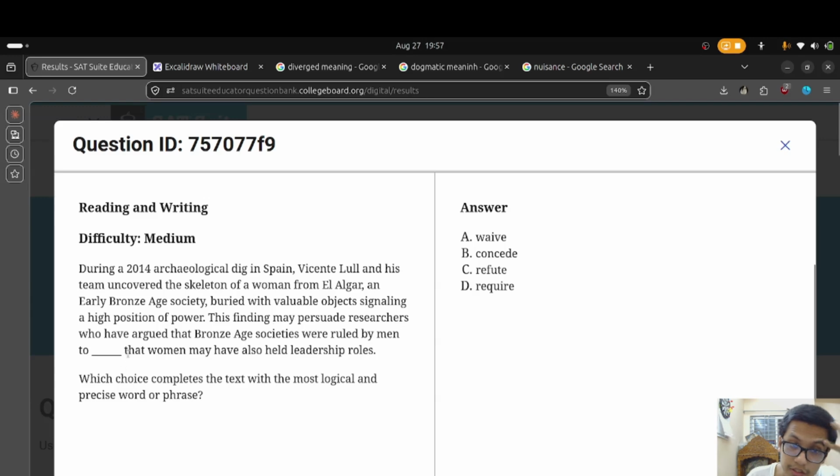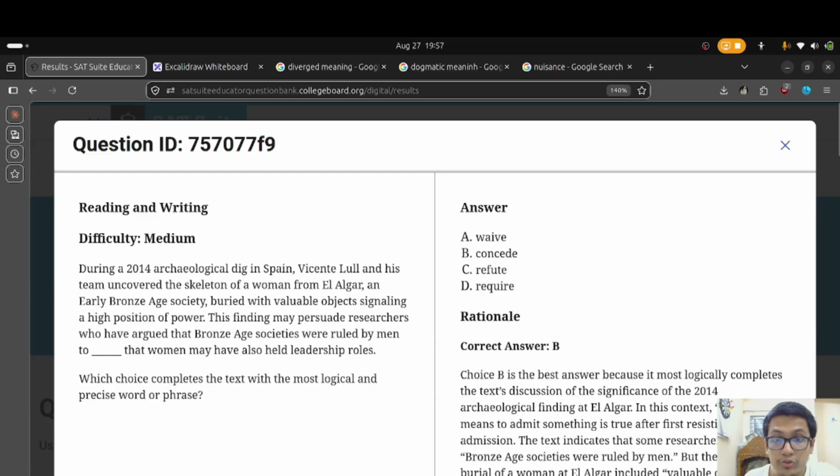They have argued that societies were ruled by men, so it contradicts something. To refute that, women may have also held leadership roles. There's no way it should be refuted. It should concede. It should be concede.